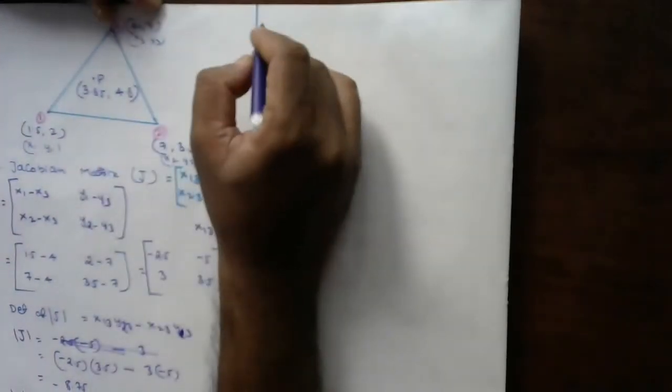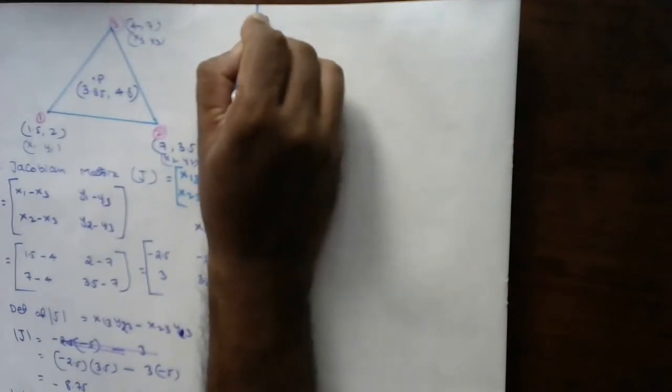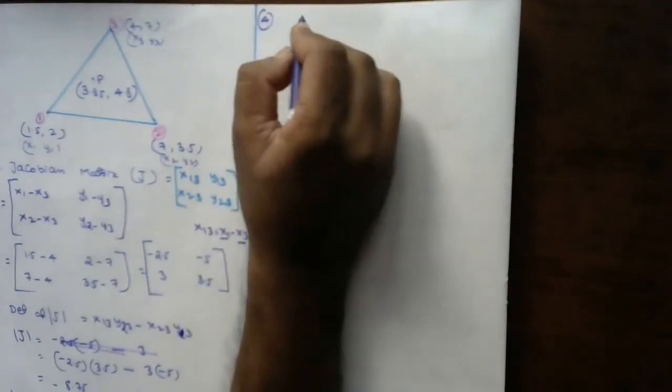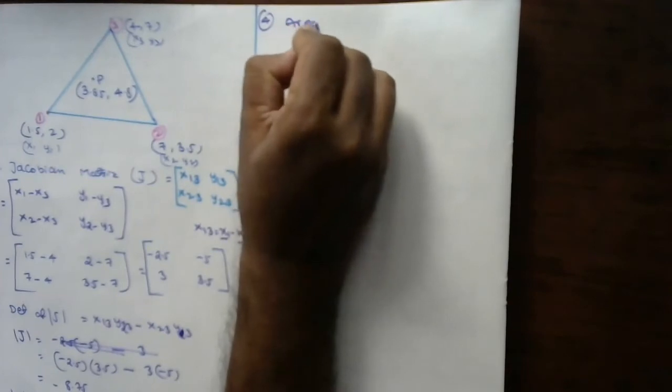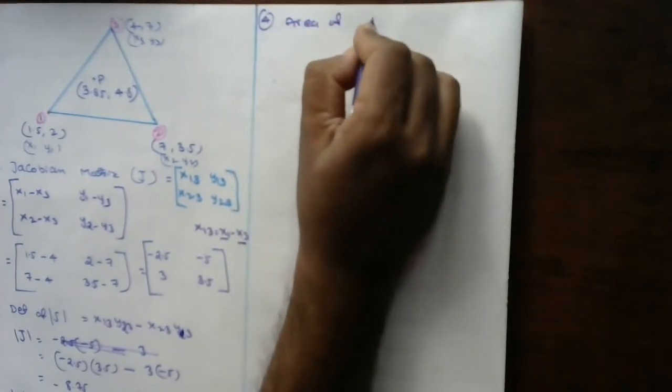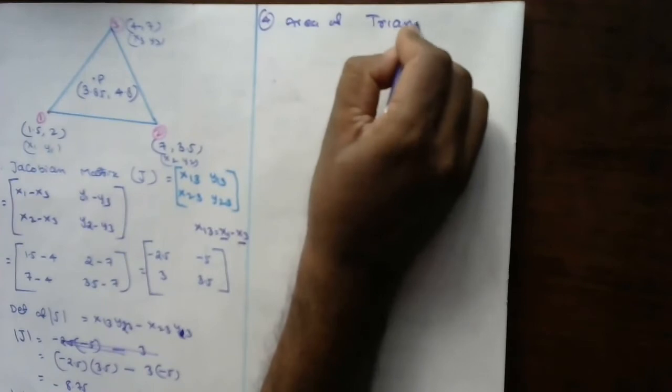Therefore, the next possible question in this case, the fourth one, is that you should find out the area of the triangle.